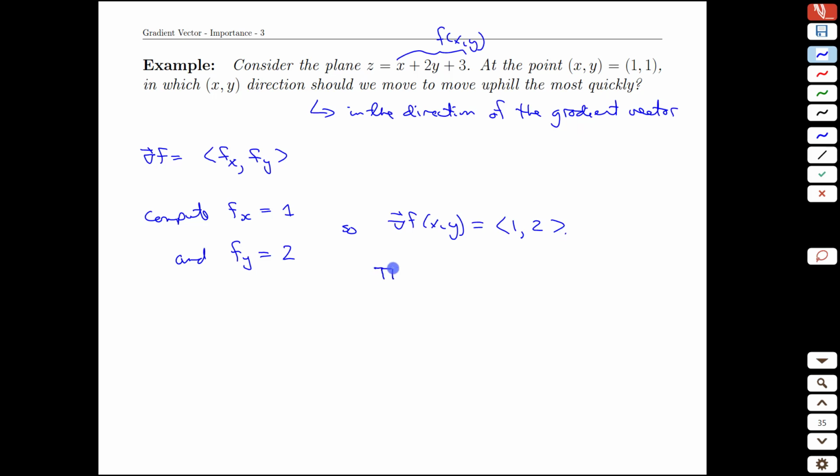That is the direction we should move in to go uphill the quickest. And there we are.